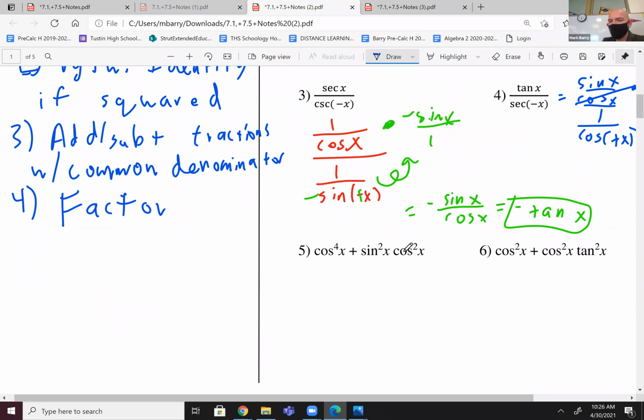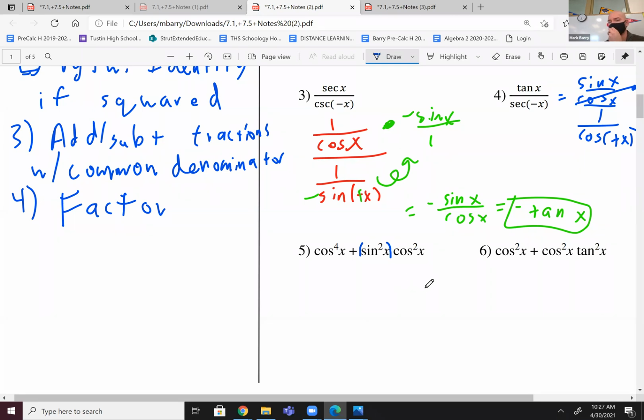So this right here, sine squared times cosine squared, that's not 1, right? 1 is sine squared plus cosine squared. So this is not 1. But what I want to do actually on this one, I actually want to get rid of the sine squared, because if you'll notice that kind of sticks out here. Everything else is cosine and that one is sine, right? So let's get rid of that. So what can we turn sine squared into?